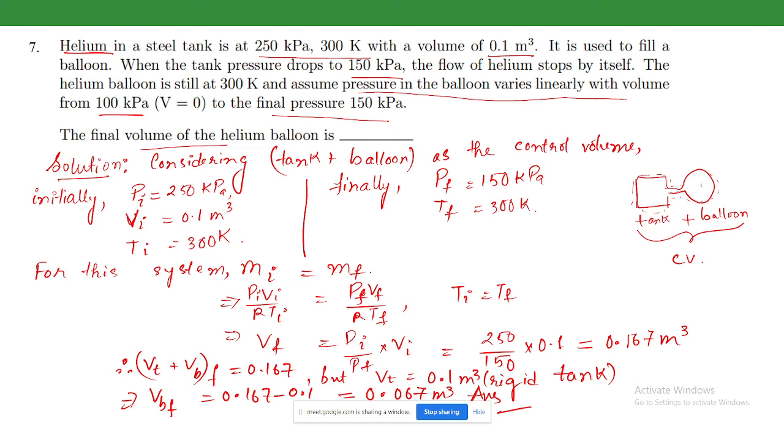But no mass is leaving the control volume. So the initial mass, which was completely within the tank, will now be within the tank and the balloon, which together are the control volume throughout. Did you understand? Yes, sir. Just wait, sir, I am writing this.